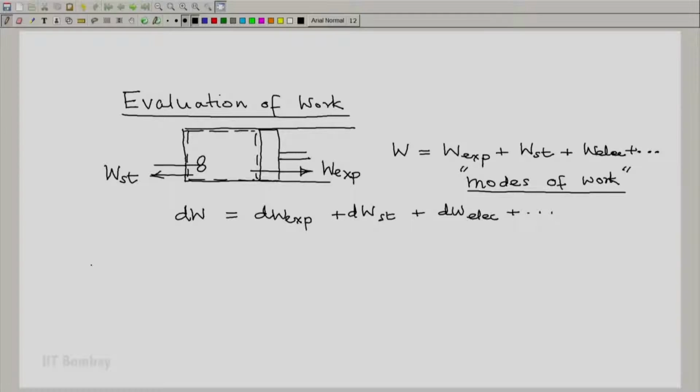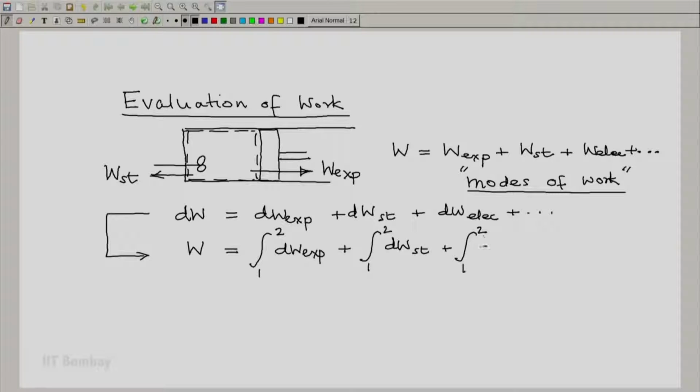So, in principle, we can say that to go from this equation to this equation, the integrated form, we may just integrate this, and the integration would give us from the initial state to the final state, integral 1 to 2 plus integration of the stirrer work interaction plus integration of the electrical work interaction plus others.